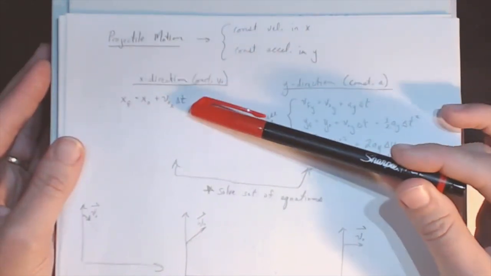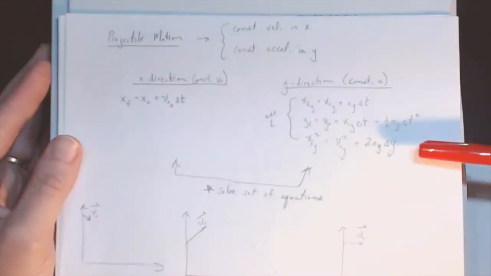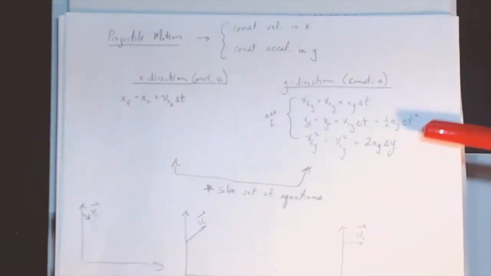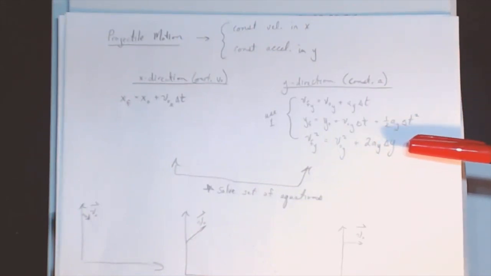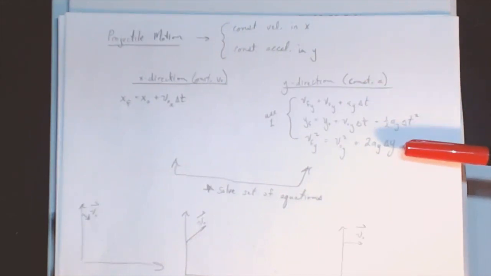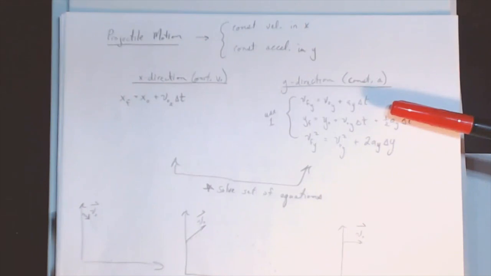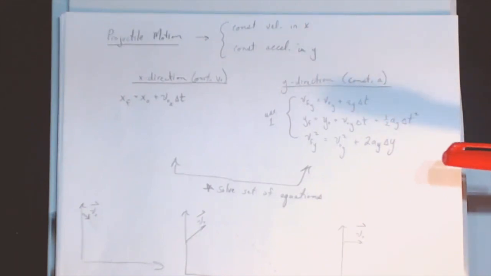That means in the x direction, you're going to use the constant velocity equation. There's only one option there. But in the y direction, you can use any combination of the 3 constant acceleration equations. Make sure you're rewriting it in the y direction because in your equation sheet it is in the x direction.